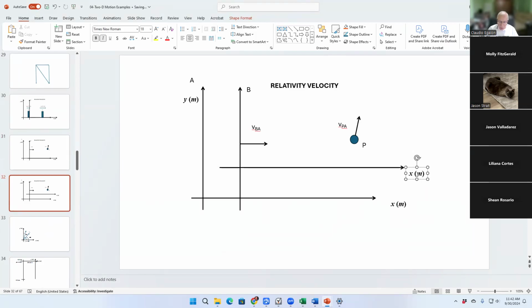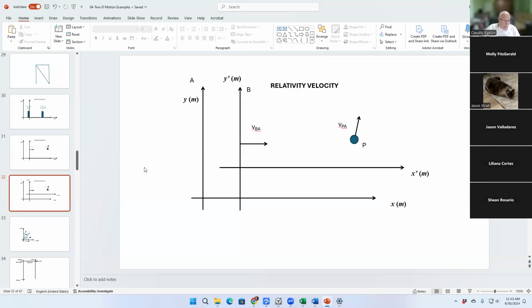And because of that, I'm going to call that x prime. And we do the same for the y-axis. The primes are the axes of referential B. This referential A can be the ground, referential B can be a car that's moving with respect to the ground. A point P can be another car, or a pedestrian, or an airplane, whatever.